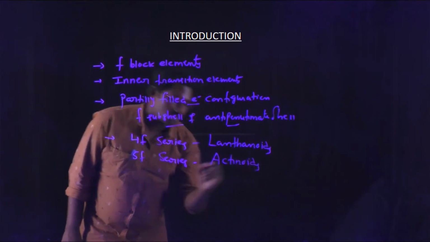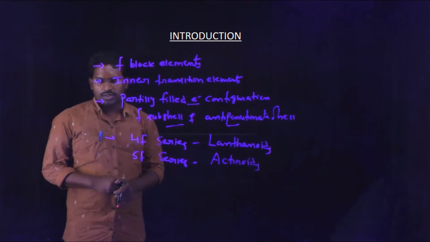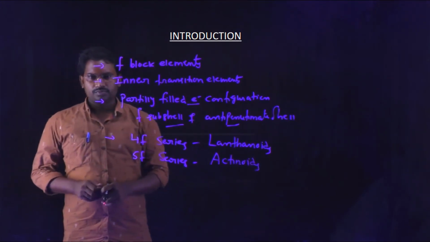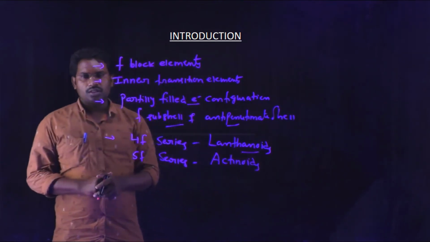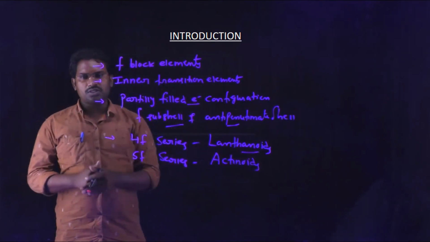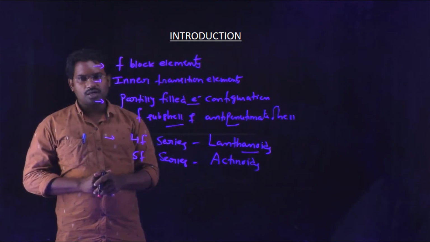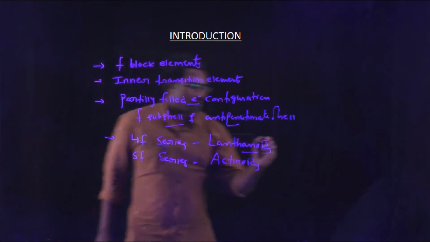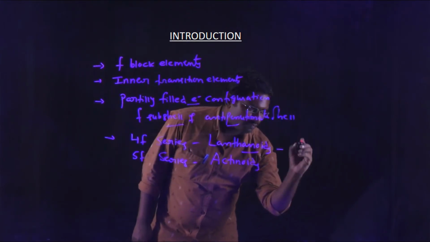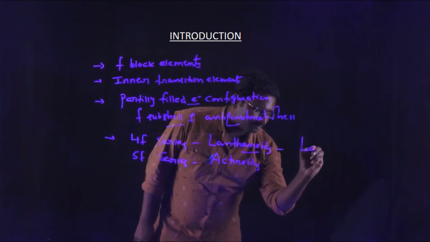In our discussion, our topic is mainly focused on the lanthanoids. The elements present in the 4F series are called lanthanoids, or simply 4F series elements are lanthanoids. The 14 elements which come after lanthanum.